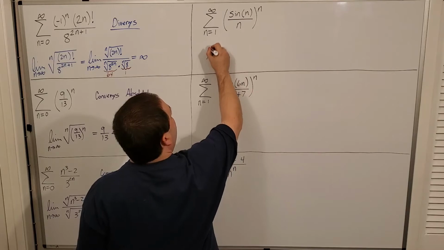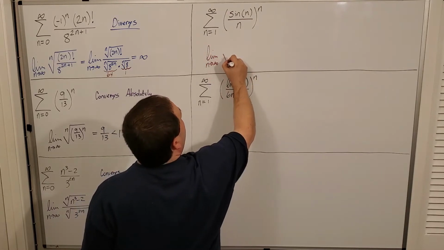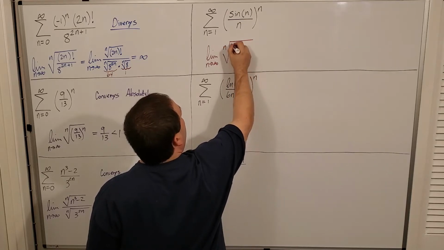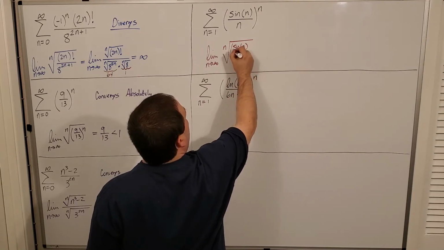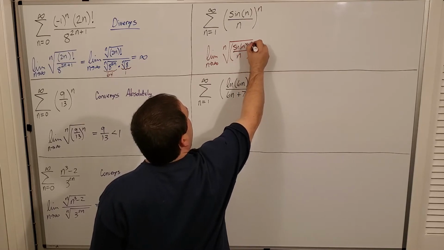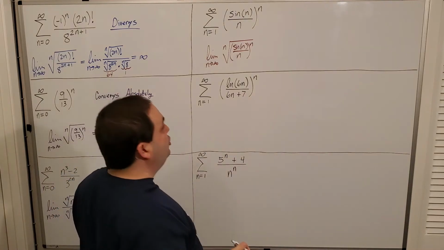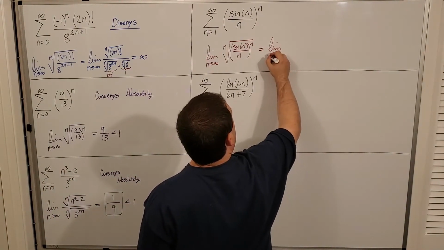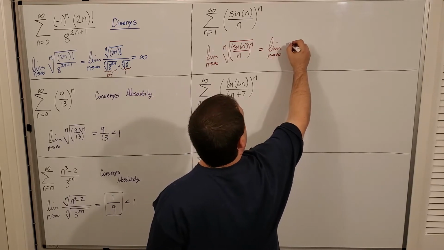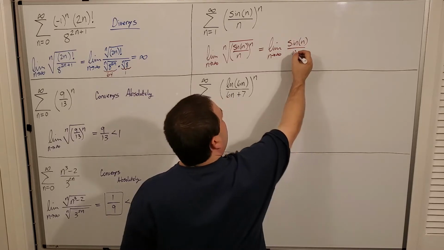Okay, so I'm going to have the limit as n goes to infinity of the nth root of sine of n over n to the nth power. The nth root and the n power are going to reduce, leaving me with the limit as n goes to infinity of just sine of n over n, like so.